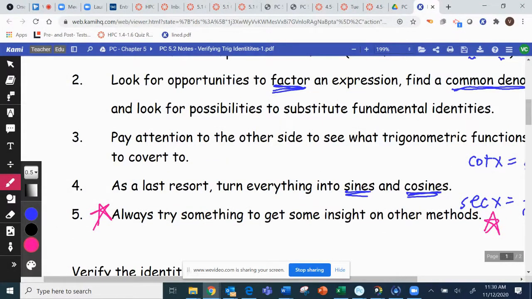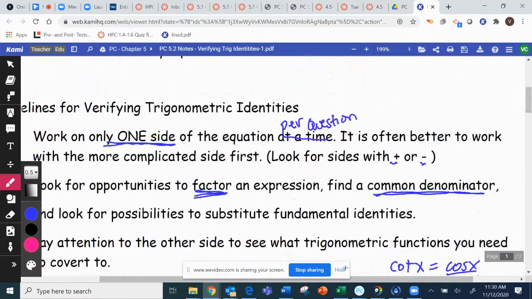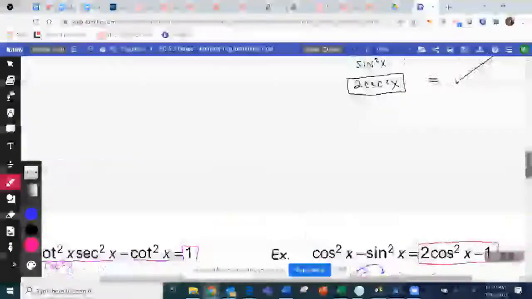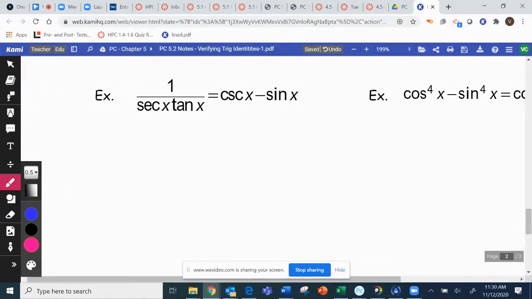But I will tell you, more complicated will be the ones that have addition or subtraction. Those are the ones that are more complicated. If it's the choice between addition, subtraction, or division, division's actually easier for these. So I am going to box in this side. Now, Nick, I challenge you to box in the other side, the thing you were yelling at me about. Box in the other side and try to get it. Because you can. I'm just trying to do it the easiest way possible.